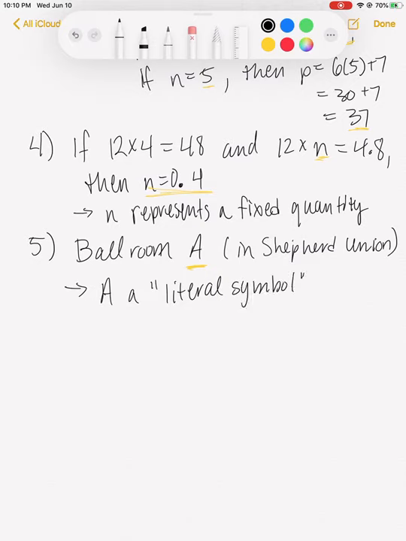In this video, letters could be used in math and literature or signage or anything like that. Those are referred to as literal symbols. In this case, if let's just say ballroom A, and I don't put it into any sort of expression or equation, A is just a literal symbol and is not even used as a variable.